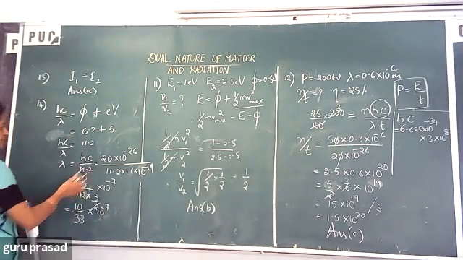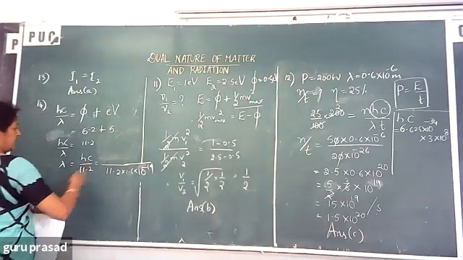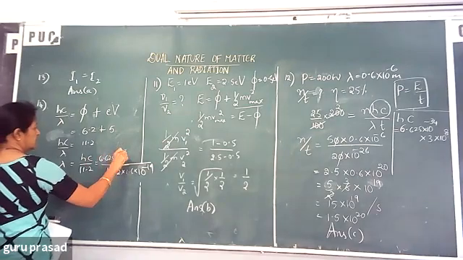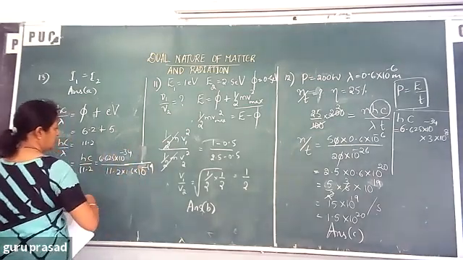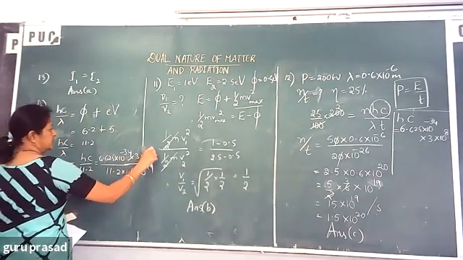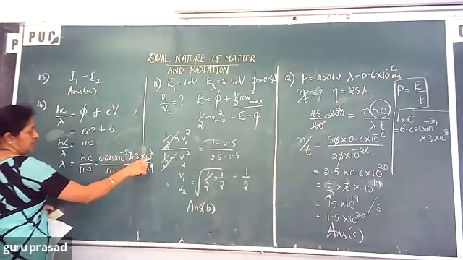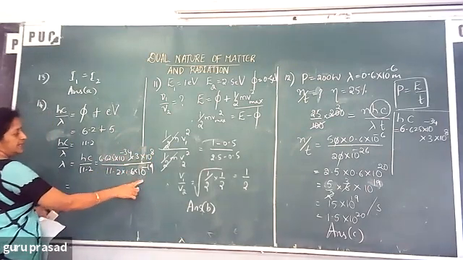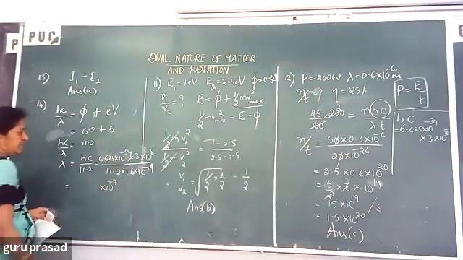In order to cancel easily, I'll write h as 6.625 into 10 power minus 34, because 1.6 is there, and c is 3 into 10 power 8. 10 power minus 34 and 10 power plus 8 give 10 power minus 26, again 10 power minus 19 will cancel, giving rise to, as usual, 10 power minus 7.